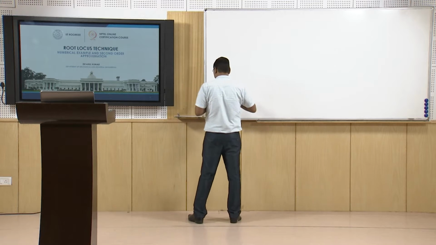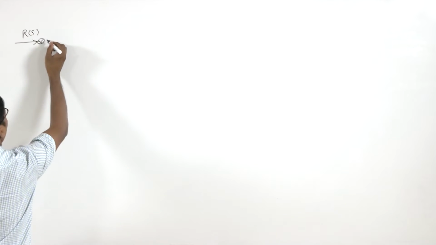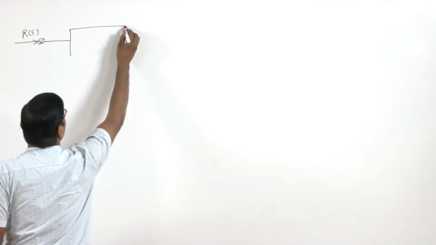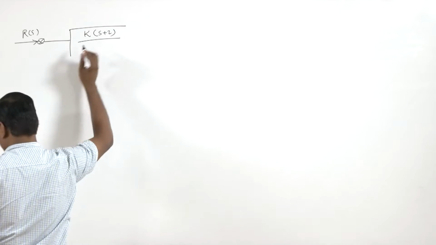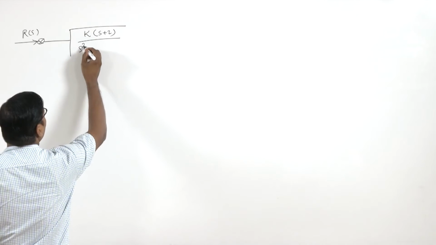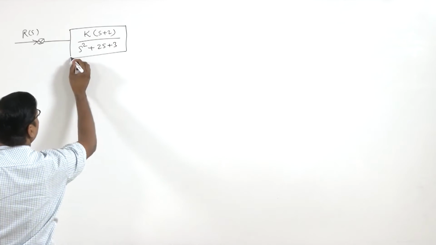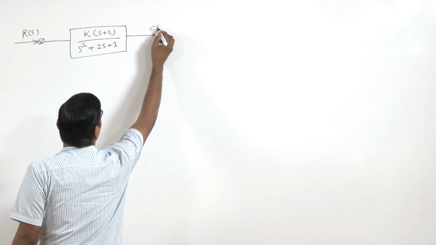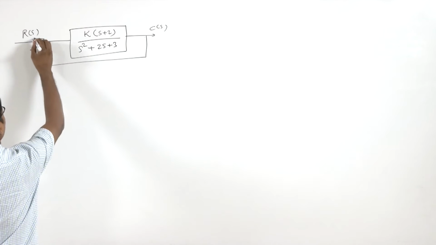So we have Gs is K (s plus 2) over (s square plus 2s plus 3), and this is Cs, and a unity feedback system here.